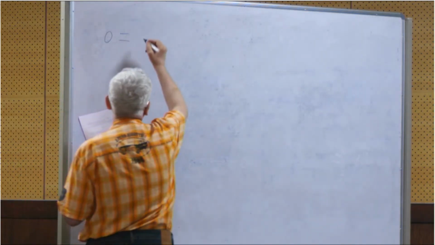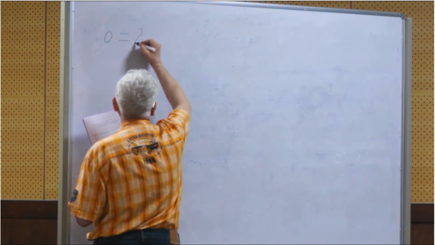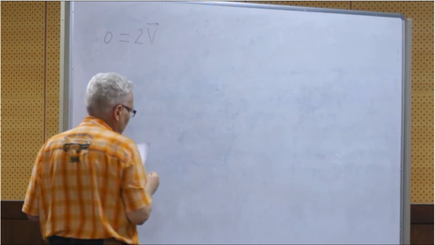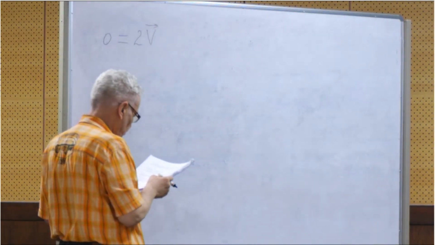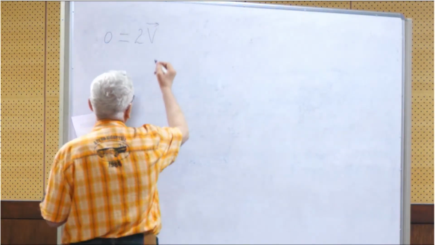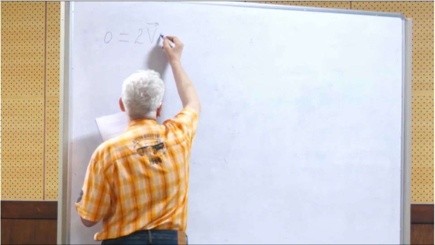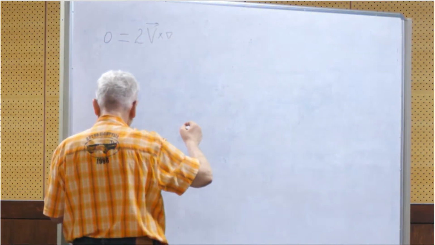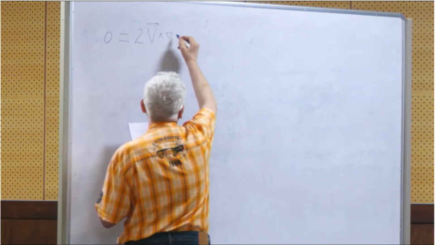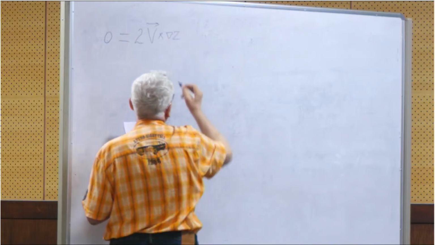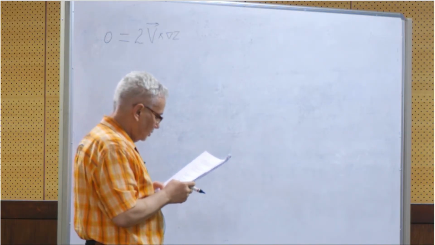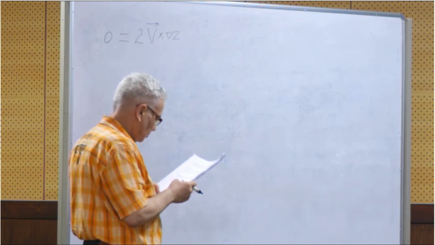Then the term which definitely remains is the Coriolis term. It remains because this is the most valuable term in this approximation. It is multiplied by the cross product with the unit vector z, which is directed along the axis of rotation.